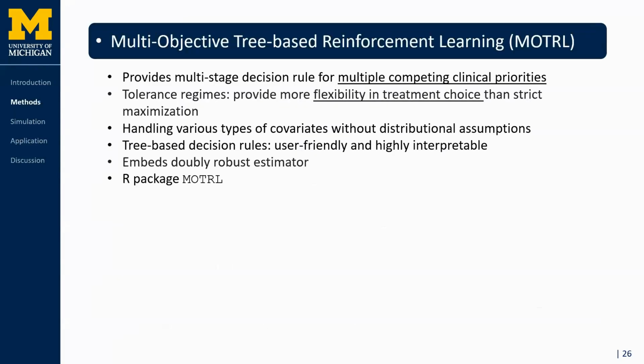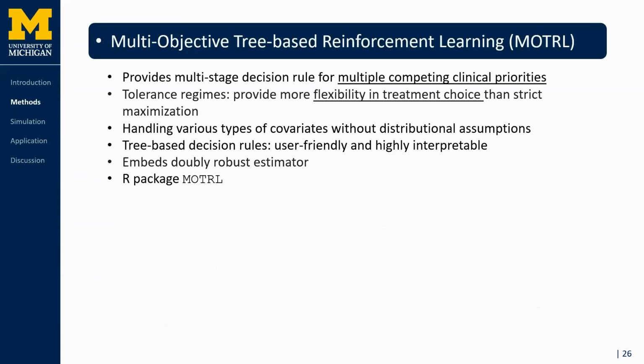So these kinds of questions are very interesting to us, and that motivated us to develop this multi-objective tree-based reinforcement learning. And what we did is we introduced one more step to allow the tolerance regime. That allows us to have more flexibility in treatment choices, and it can handle various types of covariates without any distributional assumptions.